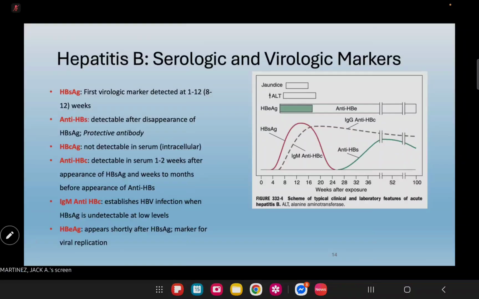If you were asked in an exam that a patient is HBsAg positive and HBeAg positive, both the surface antigen and the envelope antigen positive, what does that tell us? It could mean that the patient is highly infectious. Again, HBe, meaning E for infectious. So highly infectious if positive with HBeAg.